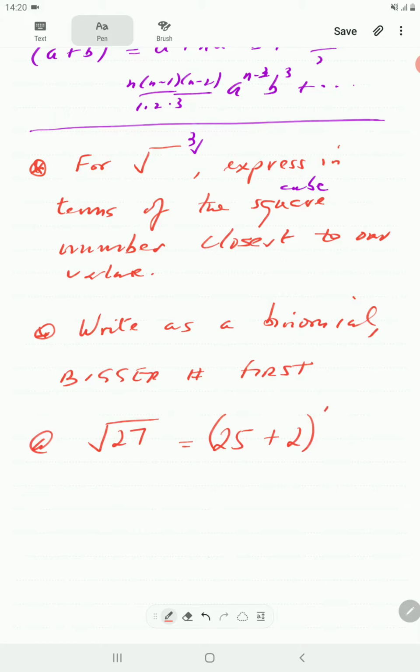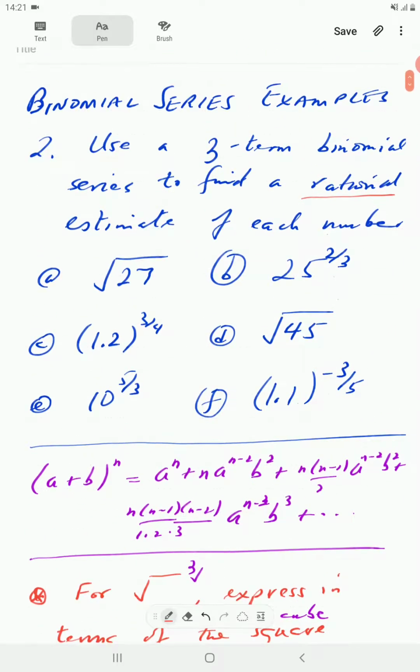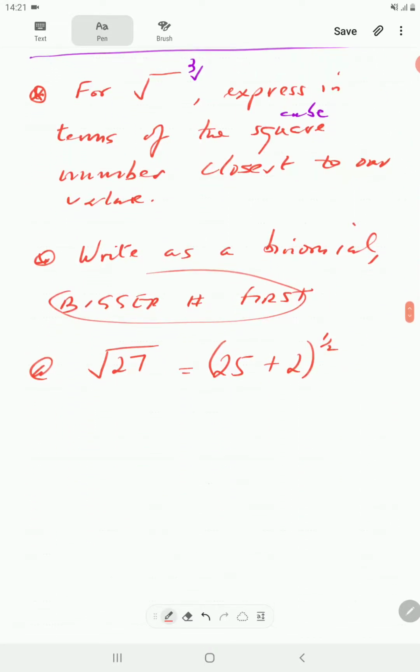Of course, square root is power half. We are writing the bigger number first, as suggested in the second guideline. And then from here, we're just going to work out the first three terms of the binomial series, and see whether our estimate is going to be good.